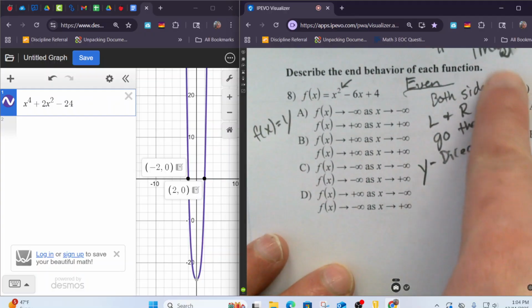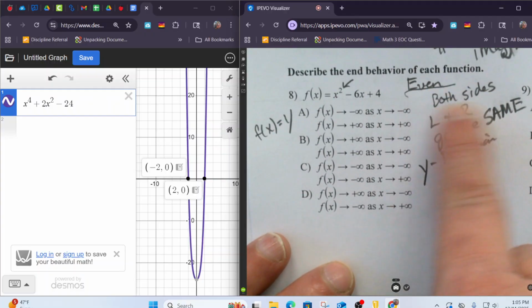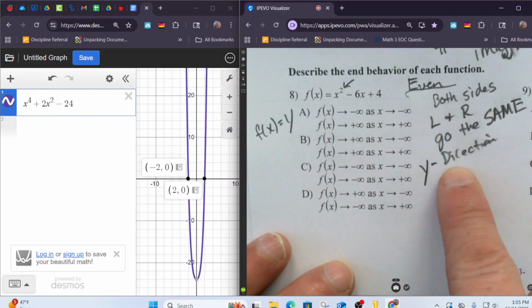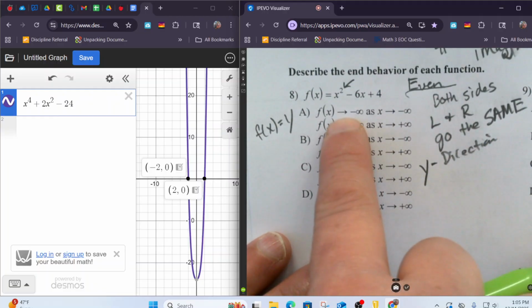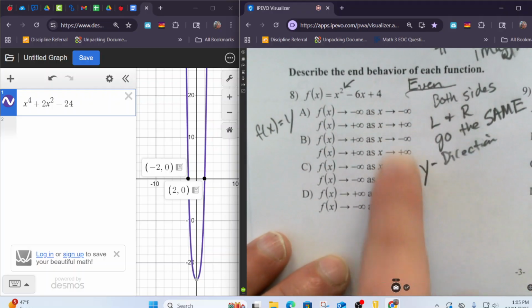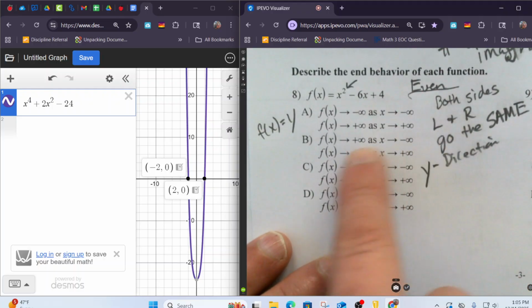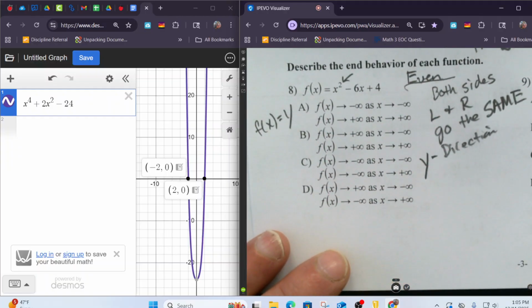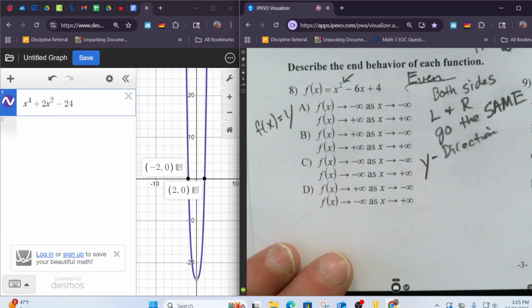Now, knowing this, both sides, left and right side, go to the same y direction. If this is my y side, and these are my x's, which one can I eliminate as far as my end behavior if both are going in the same direction?